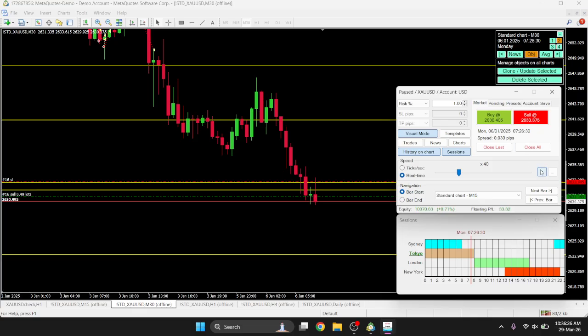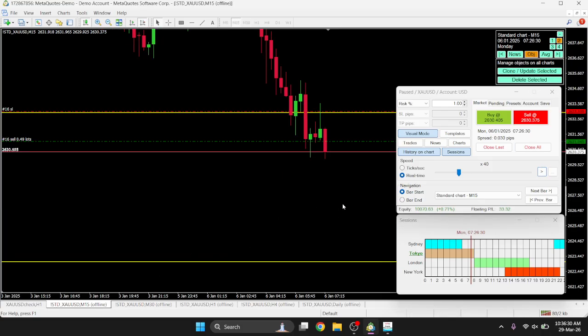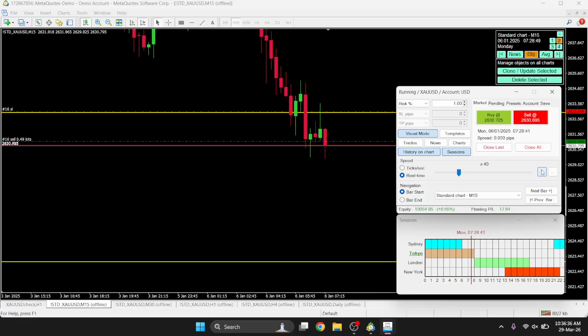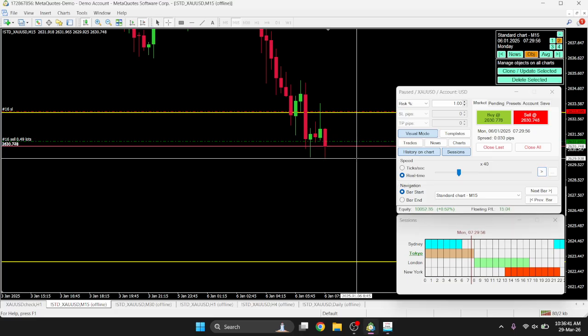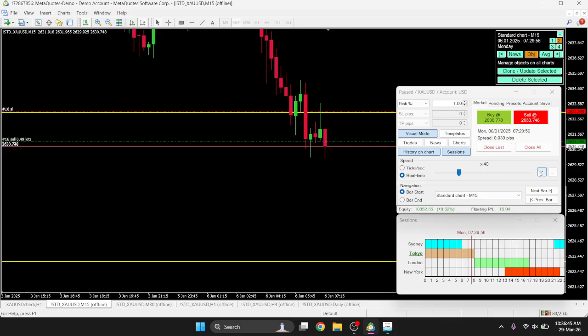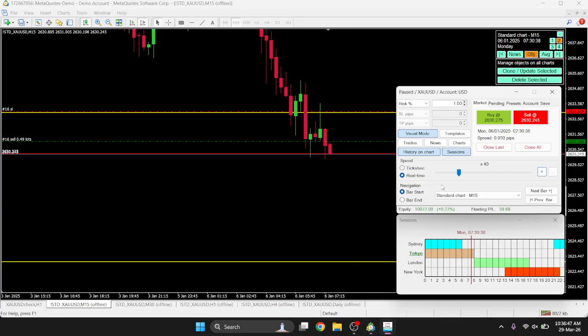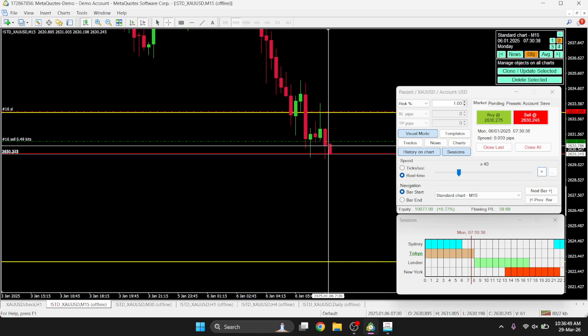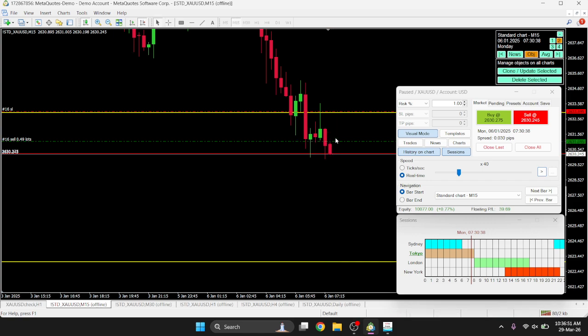Let the candle close on this 15-minute candle. It's just getting rejection. At this point, how can we manage this? If the current candle comes back towards our entry zone, we can close half of our position. So it closed below this support and never came back to our entry zone.